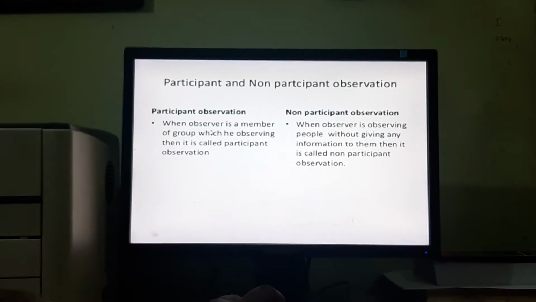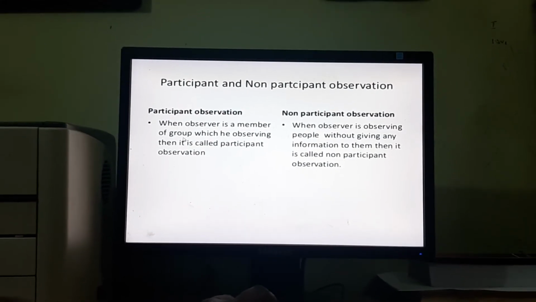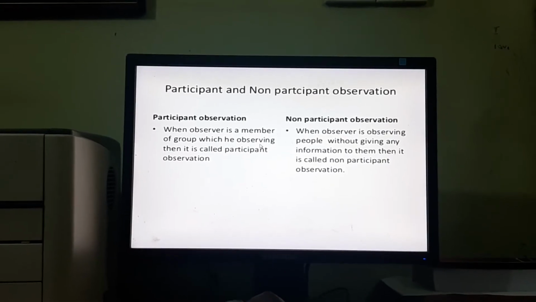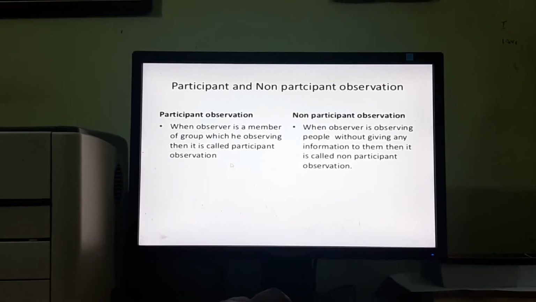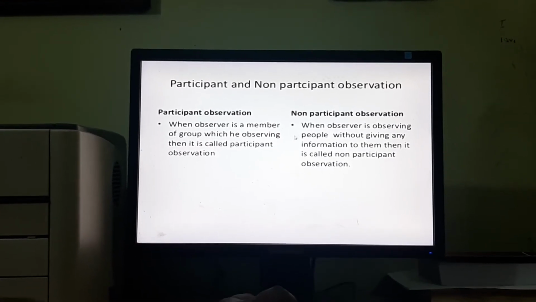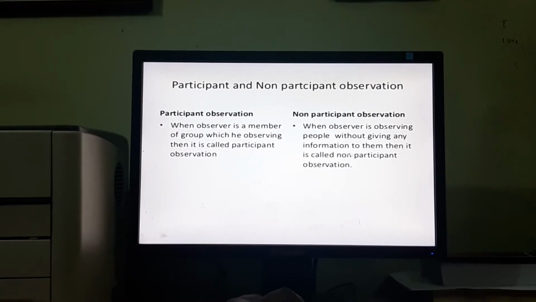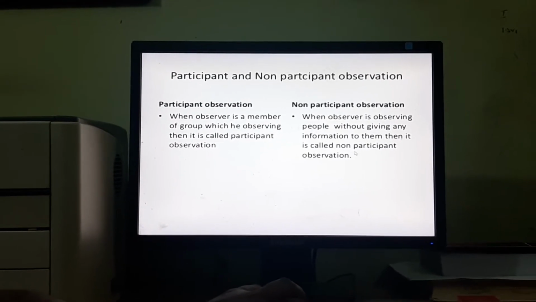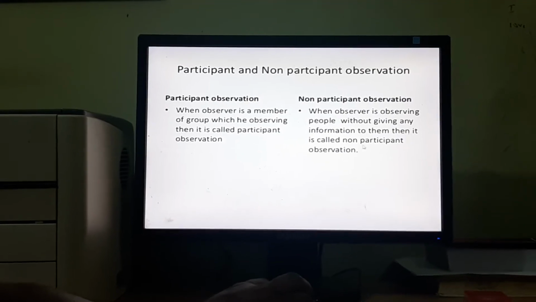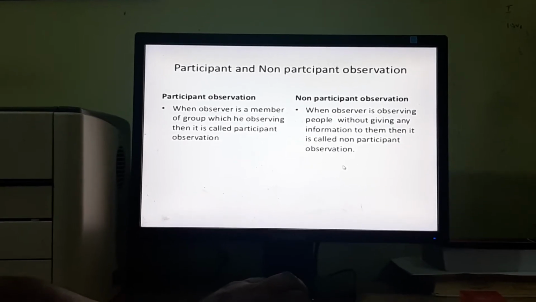Now we shall see the difference between the participant observation method and the non-participant observation method. When the observer is a member of the group he is observing, then it is called participant observation. And when the observer is observing people without giving any information to them, then it is called non-participant observation.